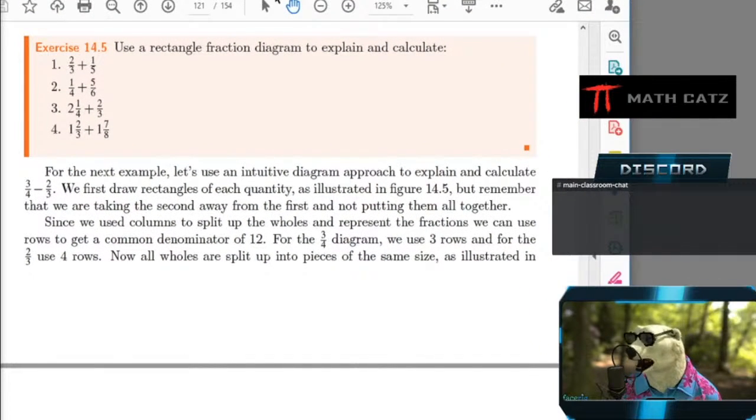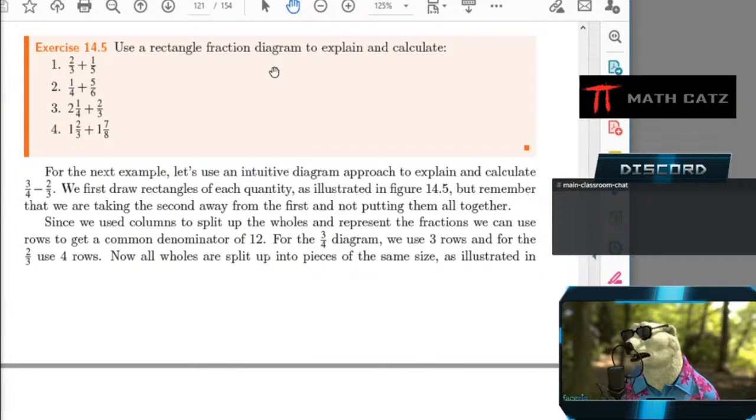As I said in the previous video, you can use other shapes like circles and talk about pizza slices, wedges on a circle, but to me it's a little bit tricky to draw accurately and consistently, so I prefer a rectangle. So the question will maybe say use a rectangle diagram, but feel free to use another shape if you prefer. Just use a diagram, some geometric shape, to explain on the very basic level how fraction addition is done.